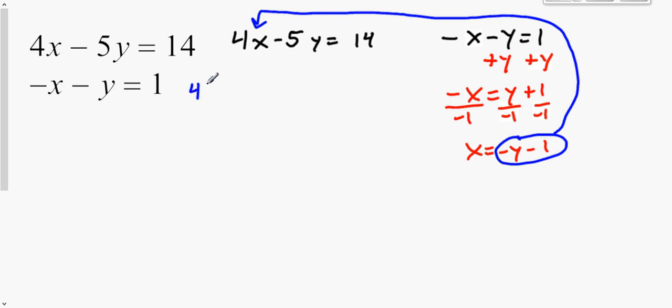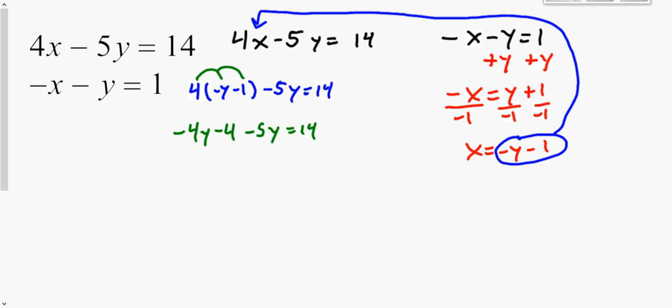So we have 4, negative y minus 1 minus 5y equals 14.